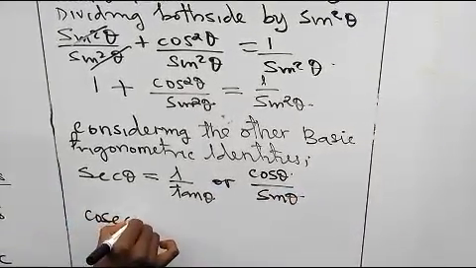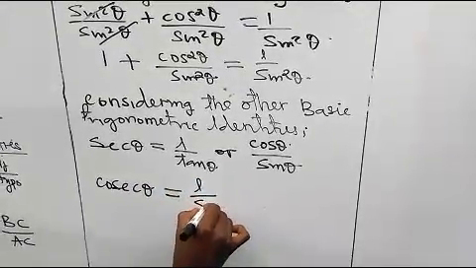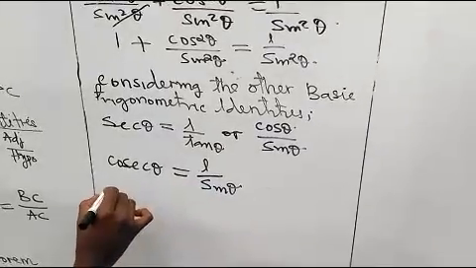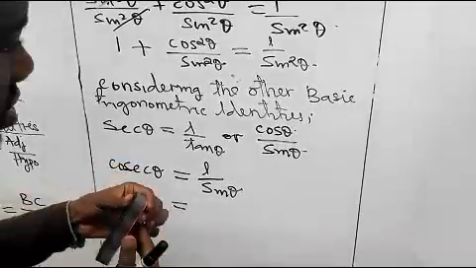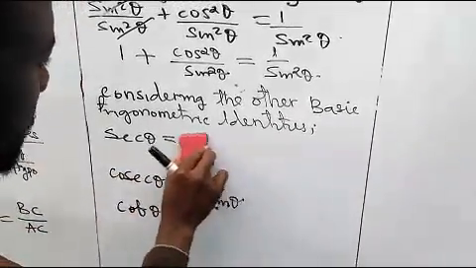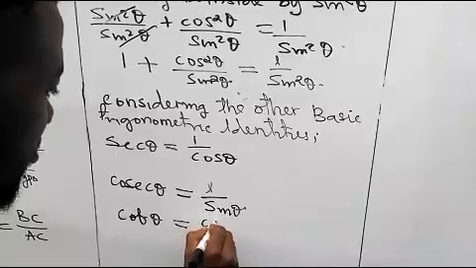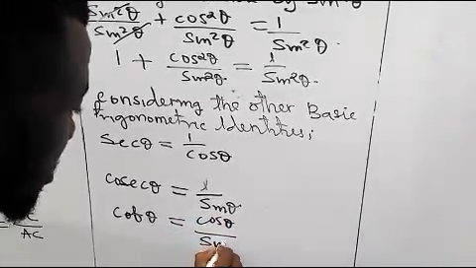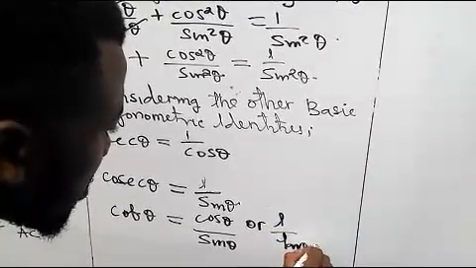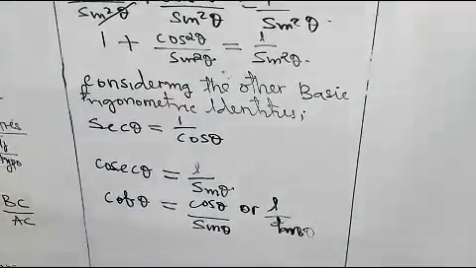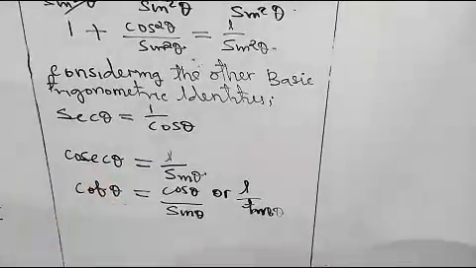We have our cosec theta, which is simply 1 on sin theta, and we have our cot theta, which is simply cos theta on sin theta, or 1 on tan theta. So now we have our other basic trigonometric identities, which makes we have 6 basic trigonometric identities.